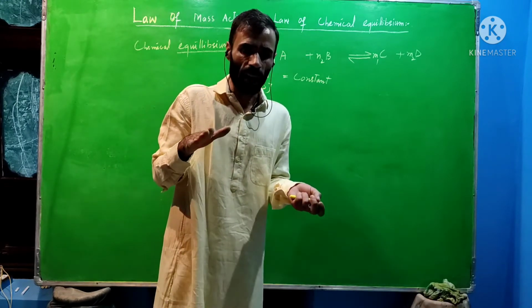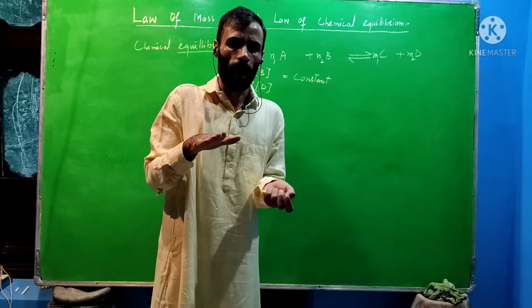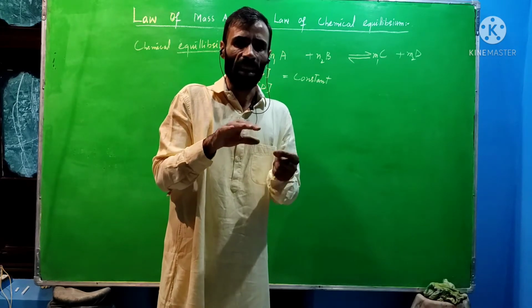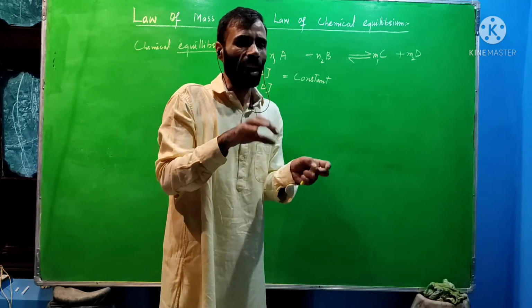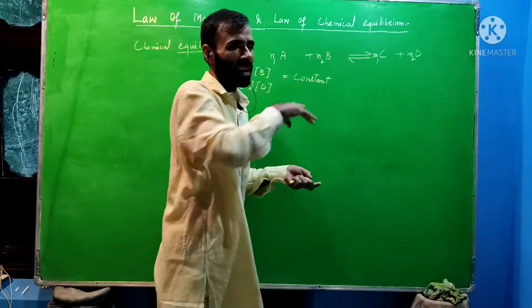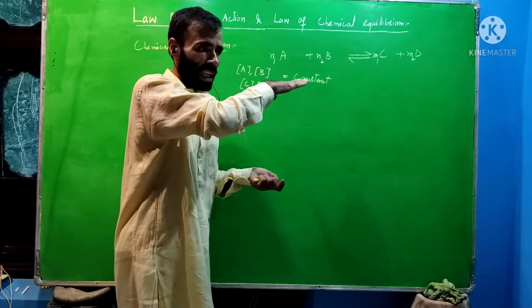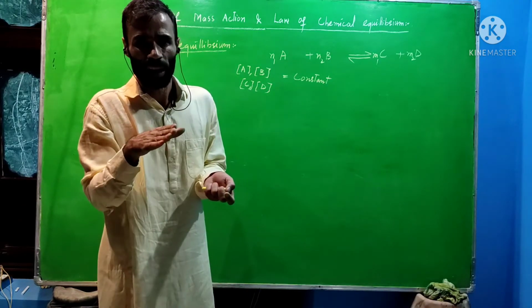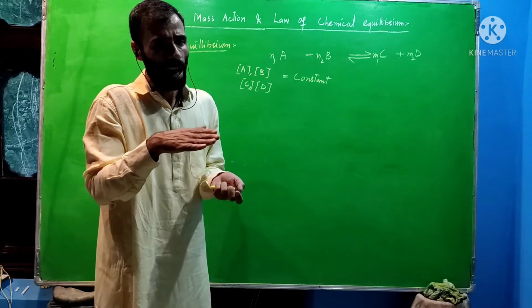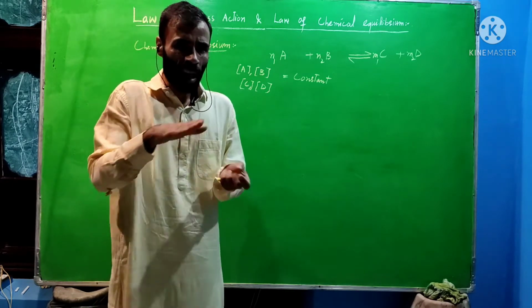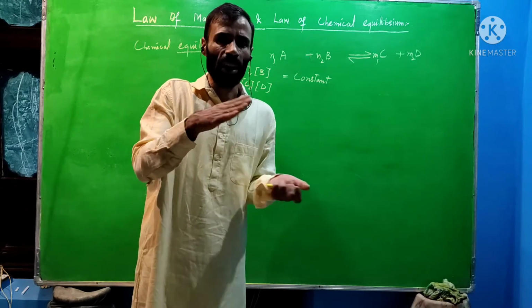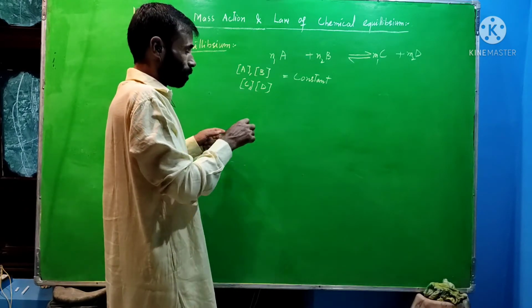If we measure any other property at equilibrium, there seems to be no change in the property of that reaction. Just like we can take properties such as pressure or volume, if we measure those properties at the equilibrium stage, their value remains constant.